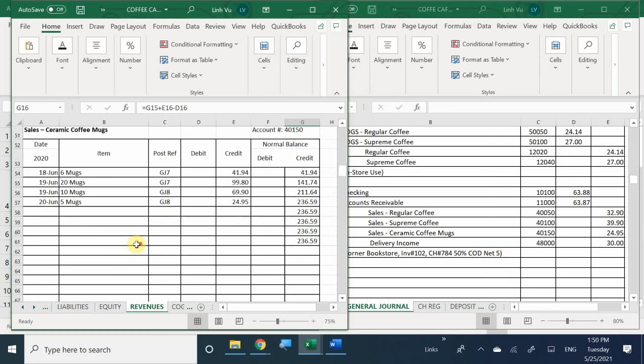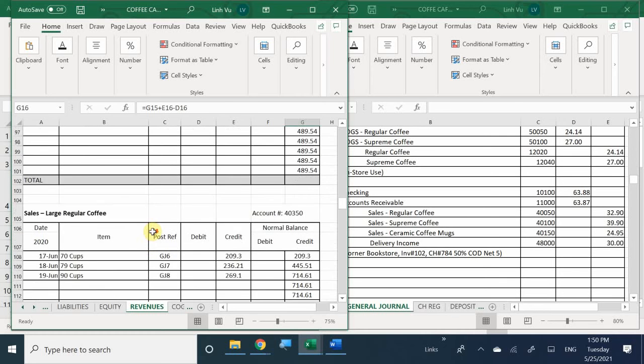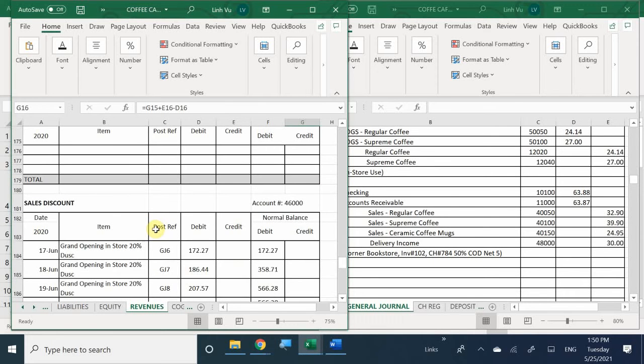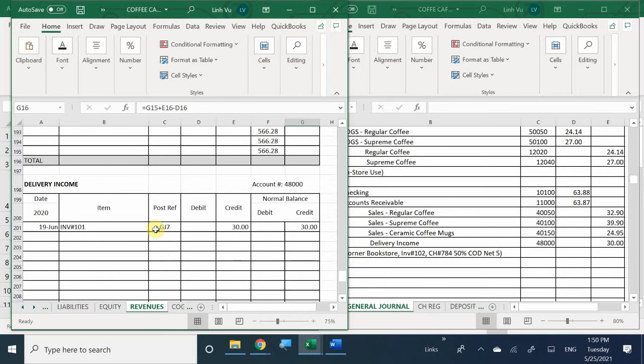Okay, I'm good. Now we have one more account left to do, which is the delivery income. Here it is, delivery income. This is where you can place that this was for the invoice, because each invoice that you complete, you're charging them a delivery fee for each and every one.